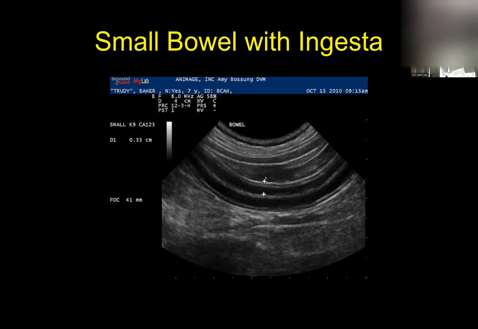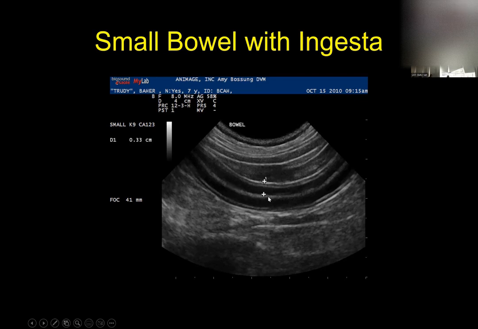In this case, we had 1 layer of small bowel here on the top, and we have another layer of small bowel underneath it. Most of the time, one side just sits right on top of the other side, and so that thin line in the middle is the lumen. When food or fluid comes through, it expands temporarily, lets it go through, and then it collapses back upon itself.